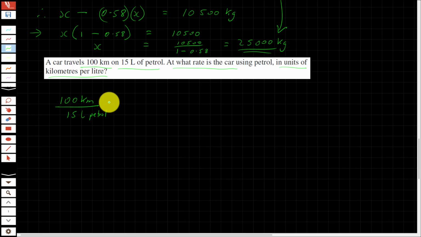So 100 divided by 15, that will give us the rate per litre of petrol. We're dividing through by 5 there first, just to simplify. And then we can divide 3 into 3 once and 3 into 20, and we'll get a decimal here. So 6.66 recurring kilometres per litre.